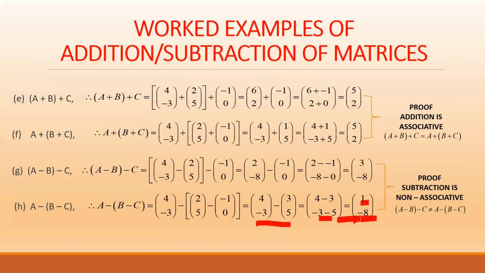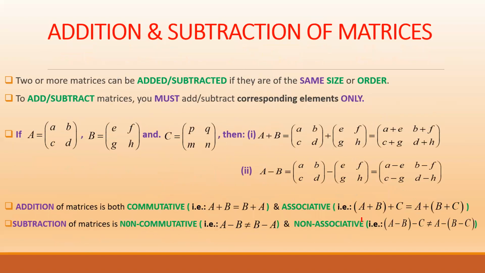All right. Now, before we continue, we're going to go back to a concept that I said we would come back to. When you're doing addition and subtraction of matrices for CSEC, guys, you must understand that the syllabus requires that you understand the commutative and associative properties of addition and subtraction of matrices.